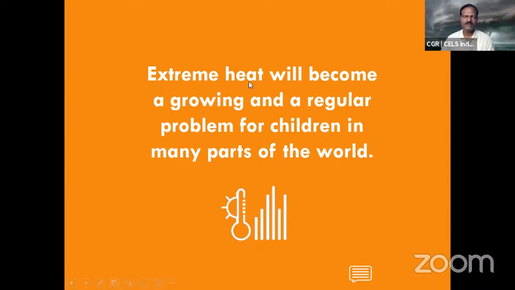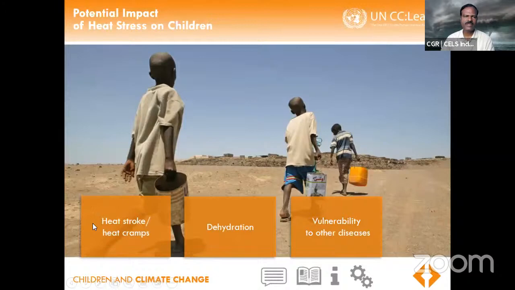Overall average heat is increasing, and even the wet bulb temperature, where there are water bodies and relative humidity has increased, and where there is heat, the feels-like temperature will be very high. This will have a direct impact on the children: heat stroke, because their bodies are so small they are prone to excess heat, dehydration and vulnerability to diseases. All these things would increase.